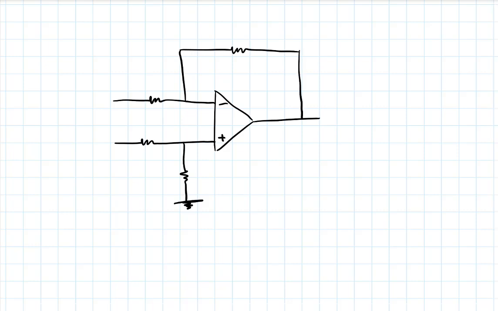I just don't want to connect these points directly to whatever inputs I have, because maybe the inputs cannot provide the current that this needs. Maybe the input resistance here is not high enough. What should I add before these?